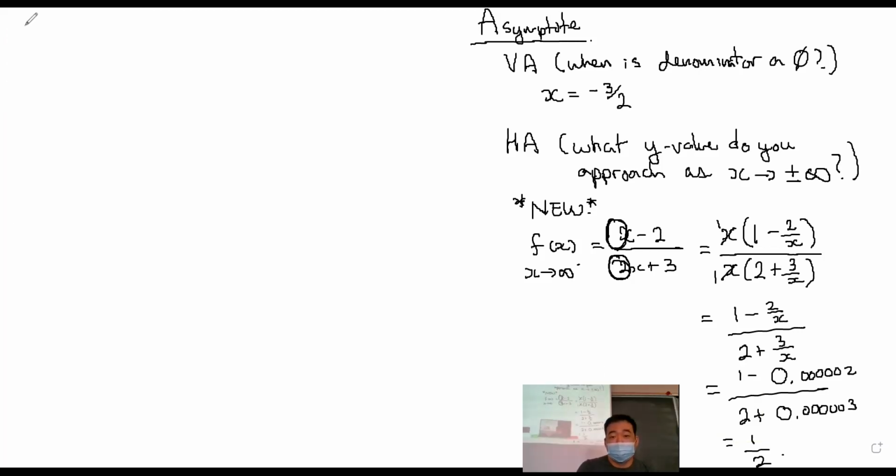Next, what is f of x as x approaches negative infinity? Well, it's essentially the same thing. I'm going to have x bracket 1 minus 2 over x, over x bracket 2 plus 3 over x, and that gets divided out.